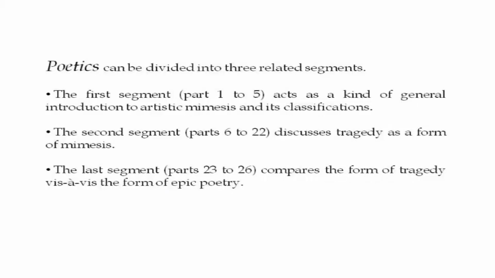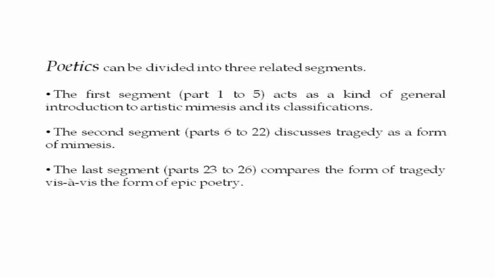But now let us commence our exploration of the surviving volume of Poetics and see how it relates to the idea of mimesis that we have been discussing in this course. The surviving volume of Poetics can be divided into three related segments. The first segment, which includes chapter 1 to chapter 5 or part 1 to part 5, acts as a kind of general introduction to artistic mimesis and its classifications.